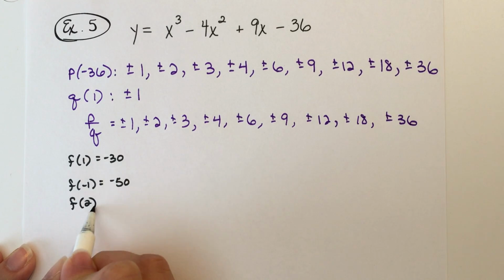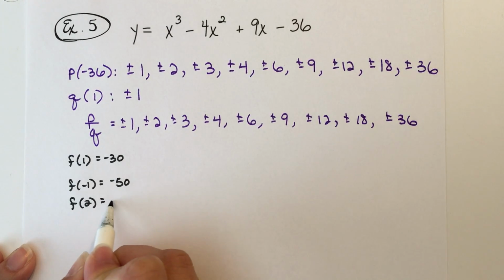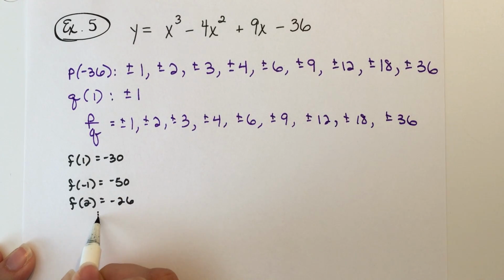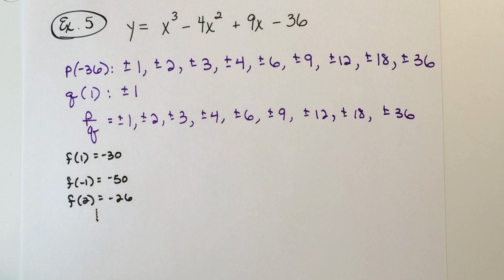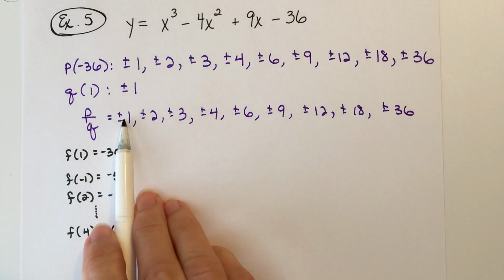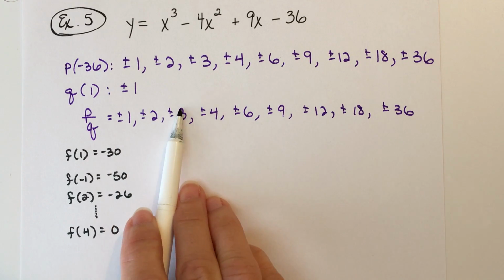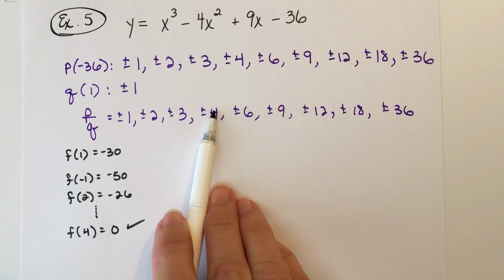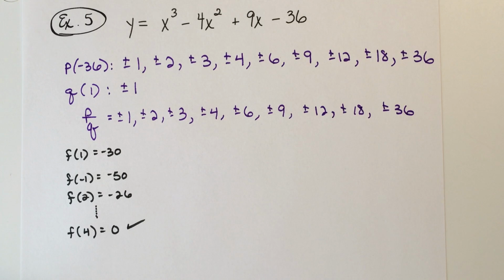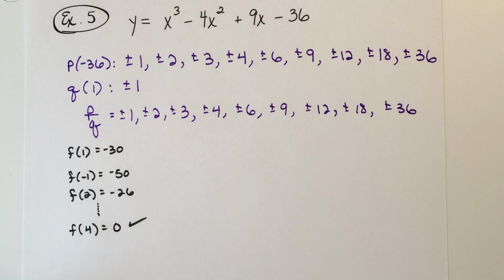And then you just keep going down the list. If you try positive 2, you're going to get negative 26. Now, I'm not going to write them all down, but you just keep going. And actually, the first one you're going to come to is going to be positive 4. So if you try positive 1, negative 1, positive 2, negative 2, positive 3, negative 3, positive 4 is going to be the one that you're going to need.